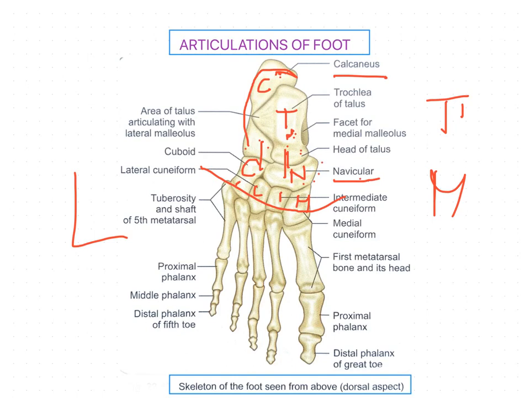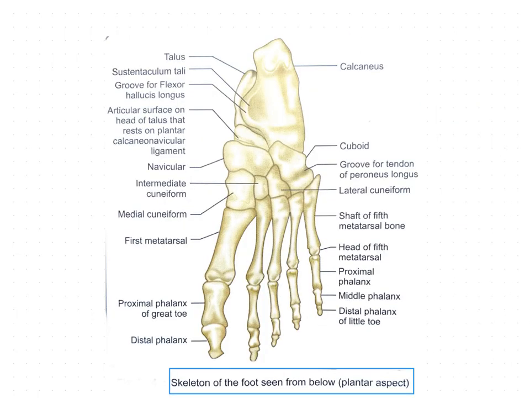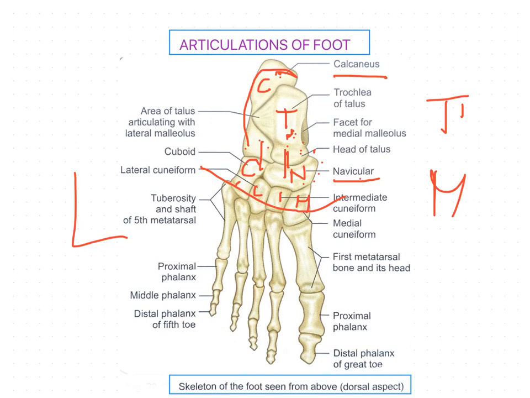So it forms the talocalcaneo-navicular joint. On the plantar aspect you can see that the calcaneum also articulates with the navicular bone. This is the calcaneum and this is the talus. What is the joint formed by the talus, navicular and calcaneum?